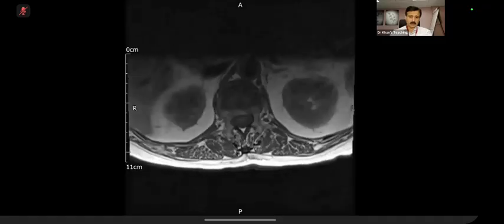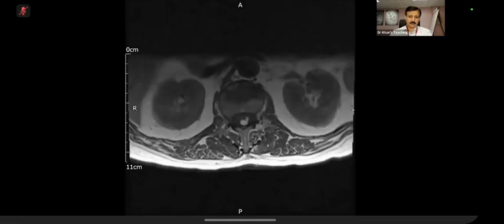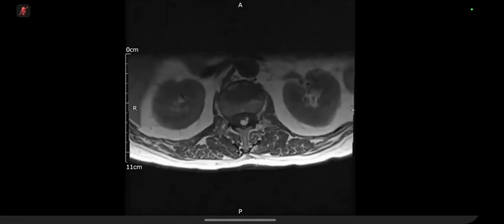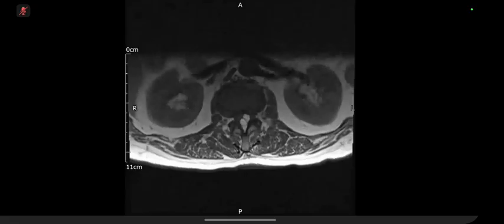T1. So there's also high T1 signal within this lesion. Please continue.